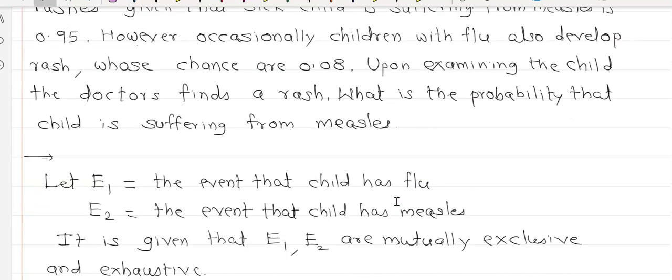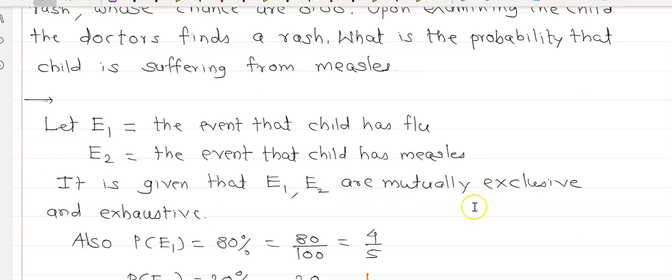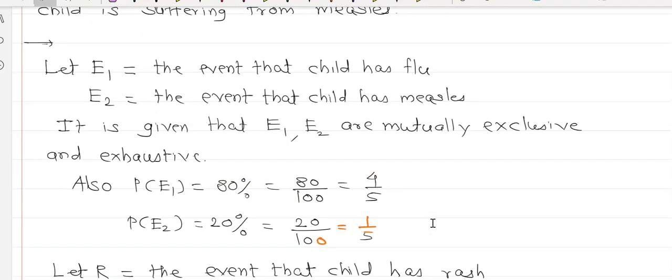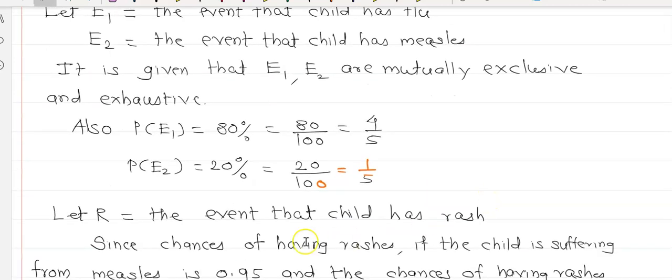So again, now see this. E1, the event that the child has a flu, E2, the event that the child has measles. It is given that E1 and E2 are mutually exclusive and exhaustive events. Probability of E1 is 80%, which is 80 upon 100, that is 4 by 5. E2 is 20%, 20 upon 100, which is 1 upon 5. Let R be the event that the child has a rash.